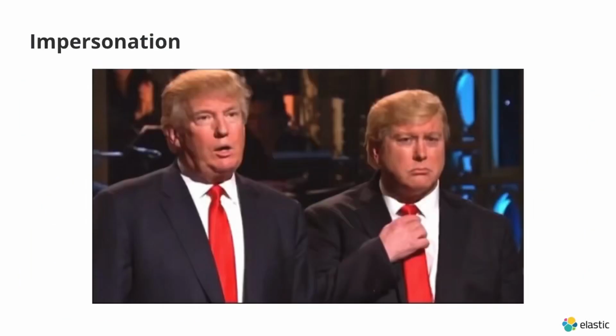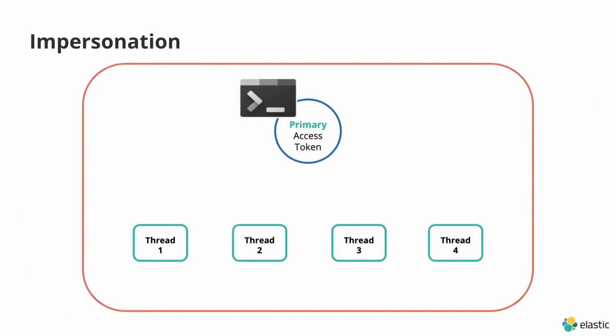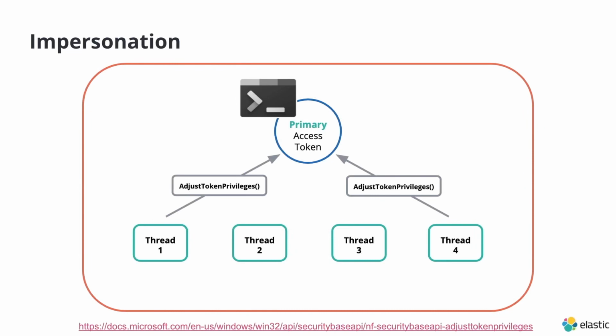Now, I mentioned before that every process has a primary access token. And so when the server is presented this token, what does it do with it? And this leads nicely to the Windows concept of impersonation. Typically in, say, a multi-threaded application, multiple threads may try and adjust that volatile repository of security settings at the same time, which could lead to weird bugs and race conditions.